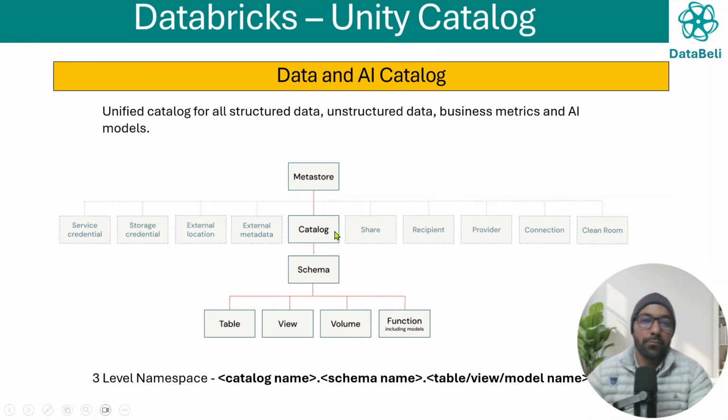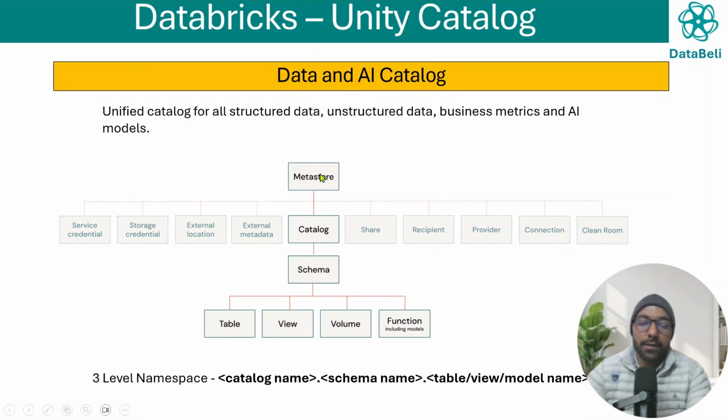Then within catalog, we have something called a schema, which is very similar to a database in other database systems. And within schema, we have table level objects. Apart from table, we can also have a view, volume, model, functions. So any specific object that comes under any schema.